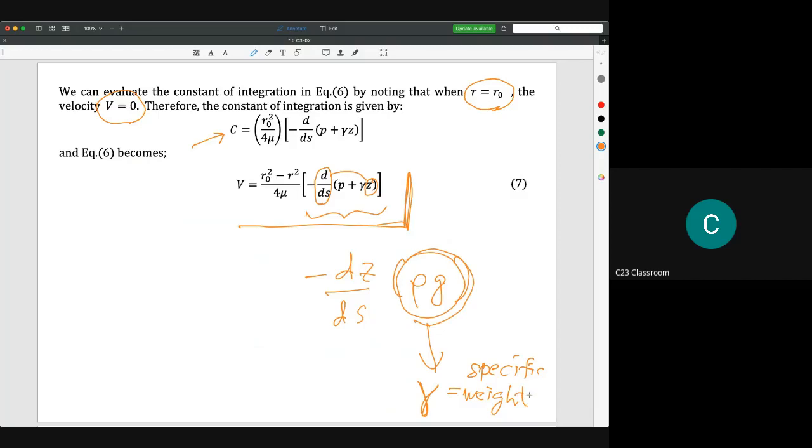Americans like to use gamma, so if you read a textbook from Americans, they usually change everything into gamma. But the British like to maintain rho and g. I personally like to maintain rho and g because they are two parameters, so I like to see both parameters instead of gamma.